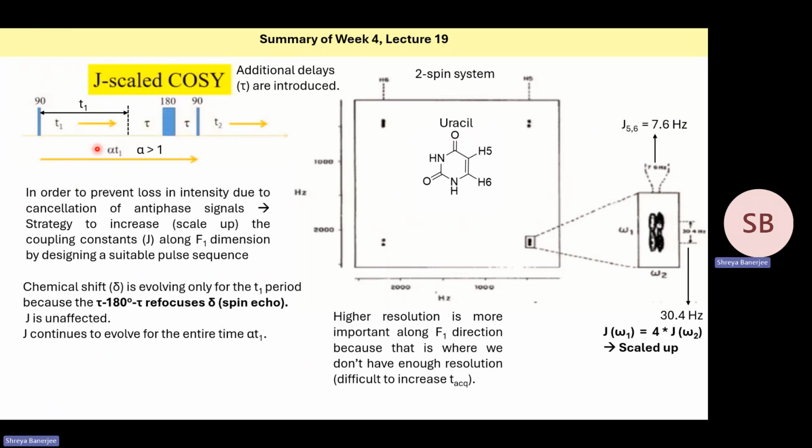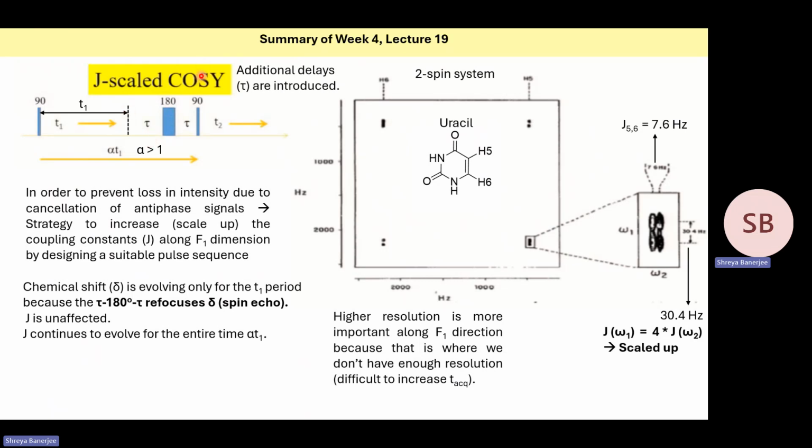So in J-scaled COSY, what happens is that you have the initial 90-degree pulse and you have T1, that was already there in normal COSY. But in normal COSY, after this T1 time, you are giving the second 90-degree pulse.